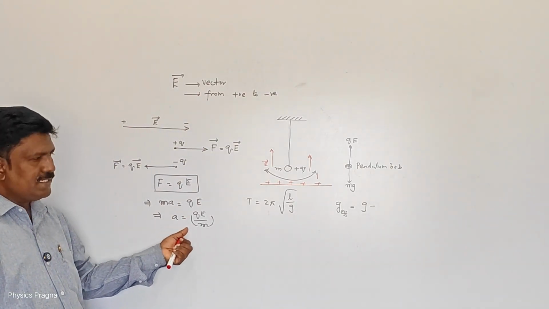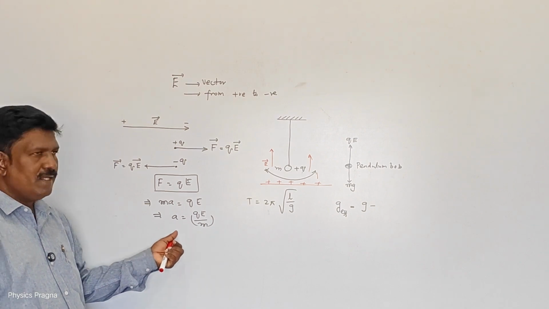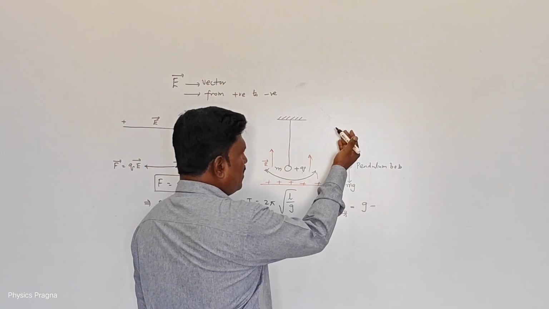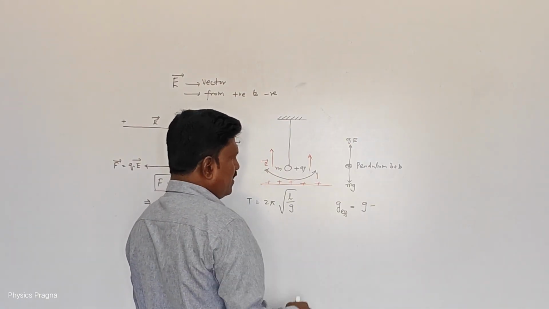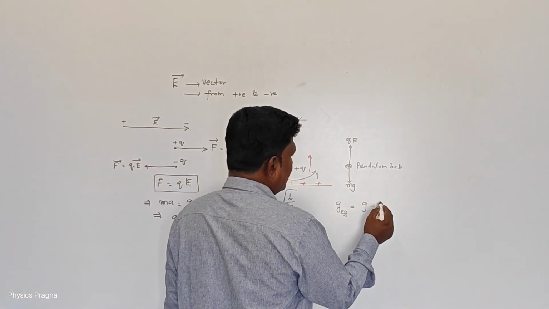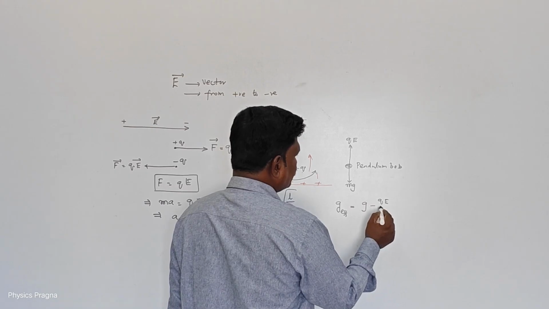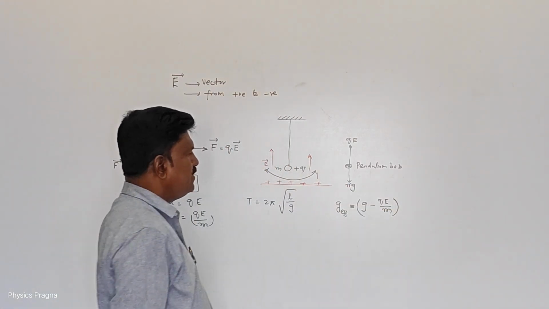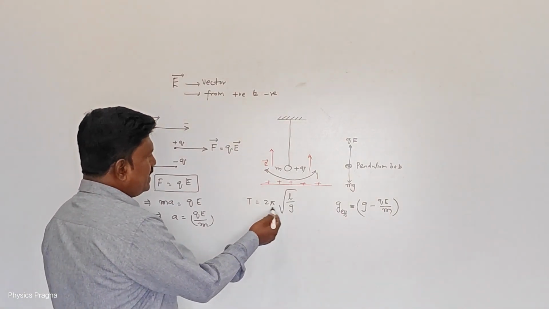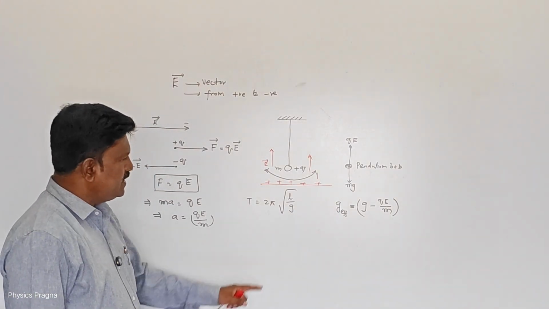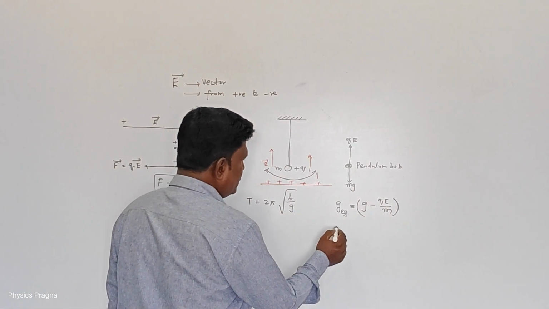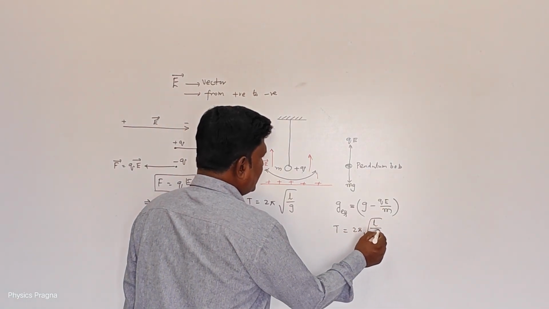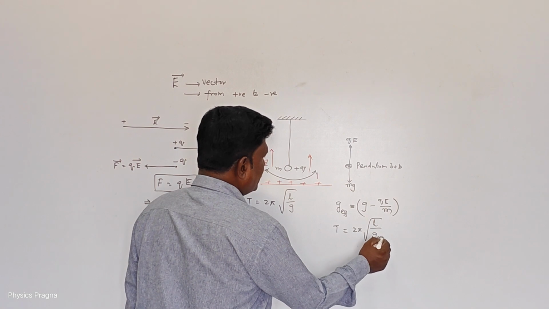Because of the force, the acceleration acquired by the charged particle is QE by m. Here the electric field is in the opposite direction, g is in the downward direction, so we write QE by m. So this is the effective g. Like that, here the time period changes. In the place of g, I write T equals 2 pi root L by g effective.